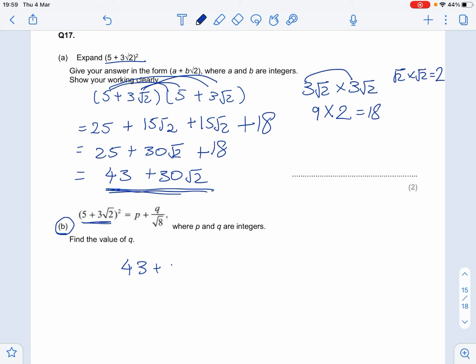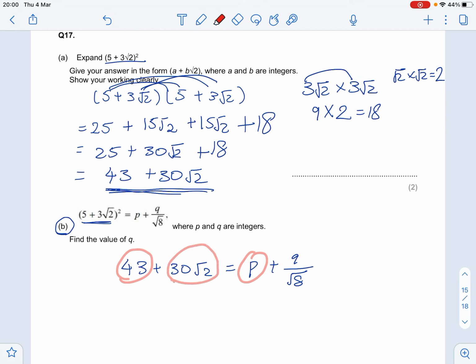So we could say 43 plus 30√2 is the same as P plus Q over √8. If we do our comparison, this part is the same as this part, so P is 43.